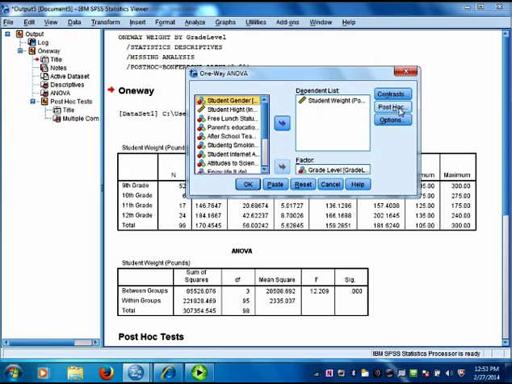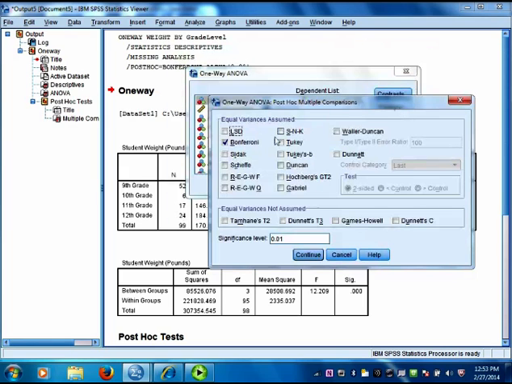If we click on Post Hoc here, these are different types of post-hoc test methods. I checked Bonferroni. You can pretty much check any one of them, but I checked Bonferroni just because it's the most often used post-hoc test method.